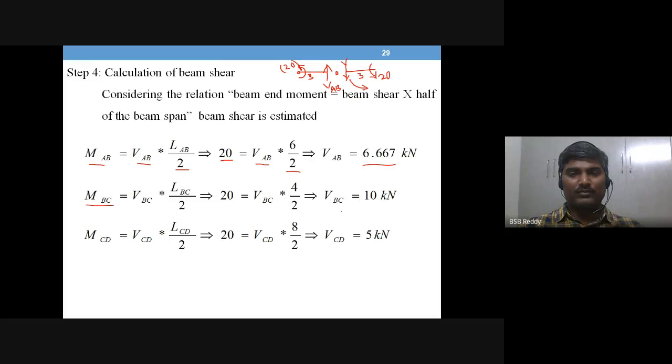So 20 by 2, 10. Same. CD span is 8, so 20 divided by 4, 5. So the maximum shear force is happening in the middle. That is 10. Okay.